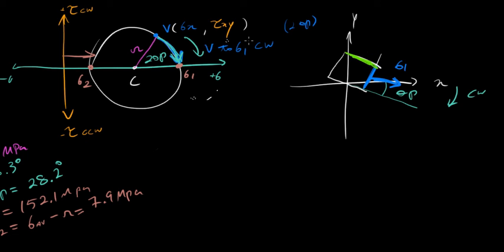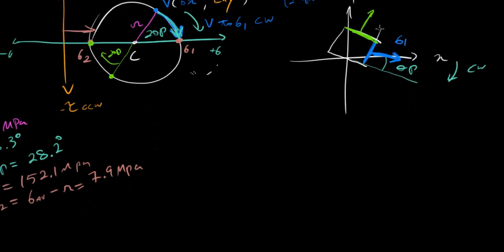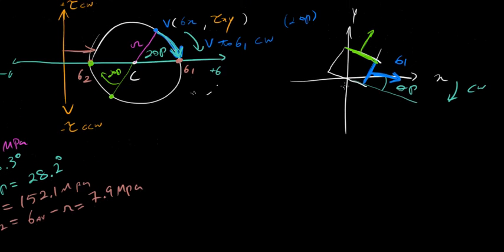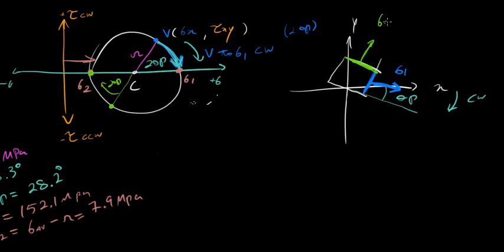The horizontal face is going to be over here, just the opposite way, at the same angle, 2 theta p over here. From here to here is this value, so the horizontal face is sigma 2. So that's it for that problem.